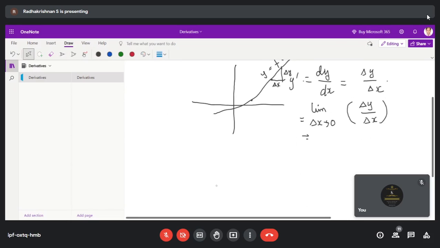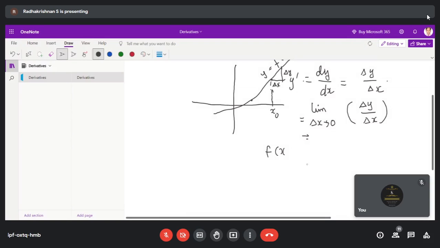So now what is delta y? What is the change when x changes from say some x0 to x0 plus delta x, right? So it is f of x at the point x0.